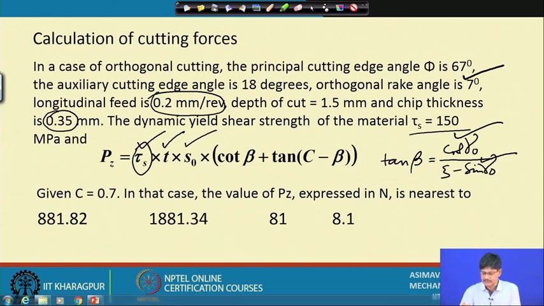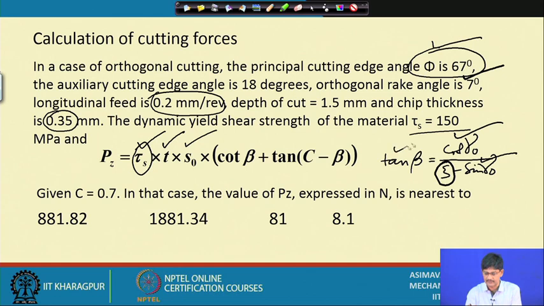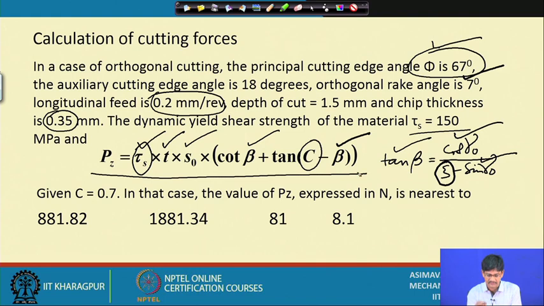And what else? Zeta. Zeta is once again A2 by A1. So, do we have depth of cut? Yes. Do we have feed? Yes. And do we have principal cutting edge angle? Yes. So, we can find out tan beta. Last of all, what is C? C is given. So, we can find out this expression completely.